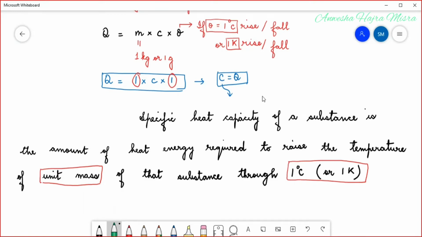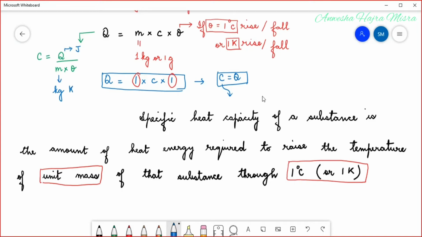Now what is the unit of specific heat capacity? C from here is Q by M into theta. Now Q is in joule, mass is in kg or gram, theta is rise in temperature either in Celsius or Kelvin.